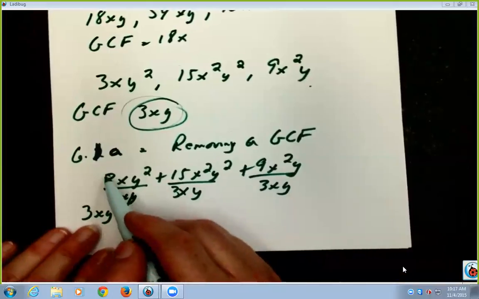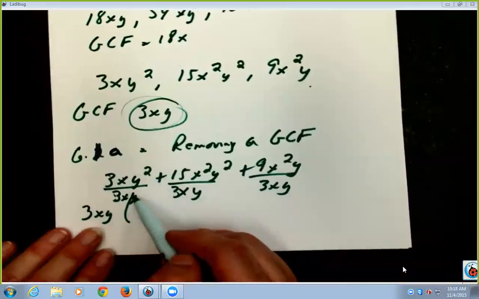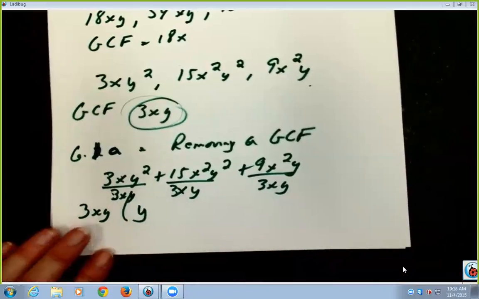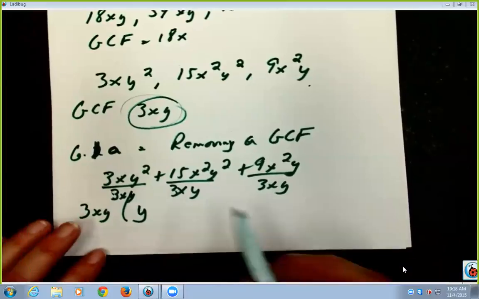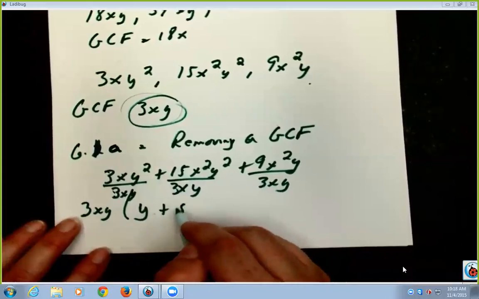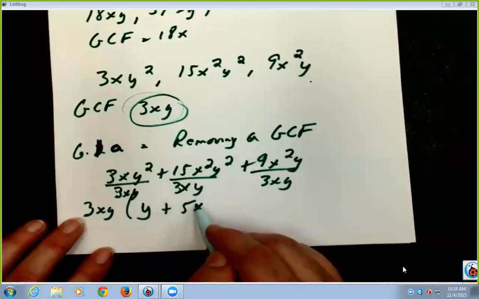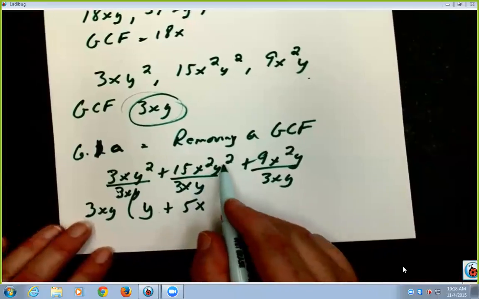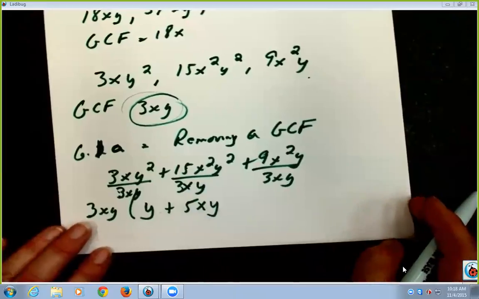The x cancels, the y squared, I'm left with a y. We practiced this back in chapter 5. So what's left here? 15 divided by 3 is 5. X squared and an x leaves me an x. A y squared and a y leaves me a y. We good? So far, so good?